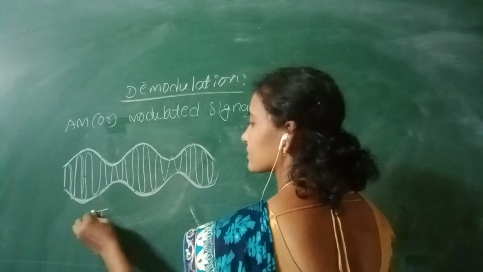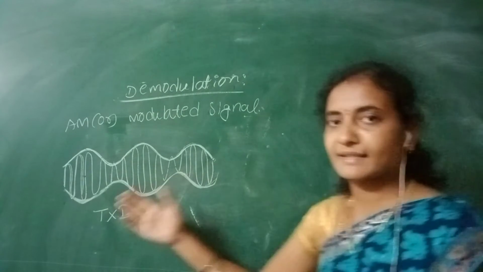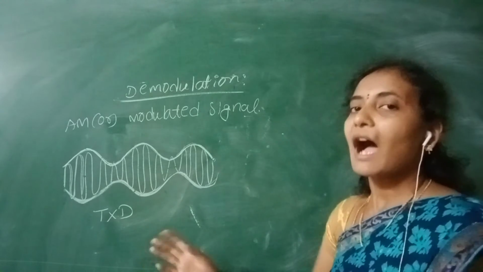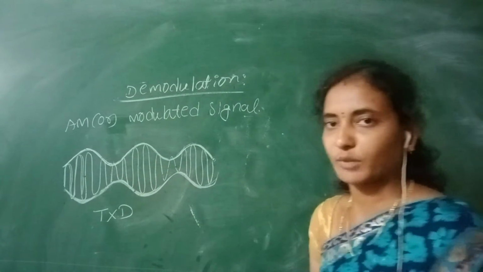At the transmitter, we perform the combination of message signal and carrier signal. After combining these two signals, we can transmit the information.